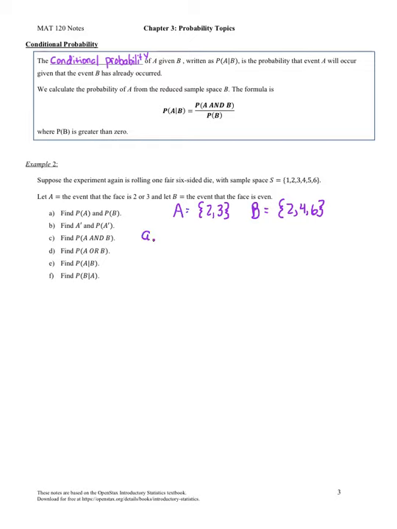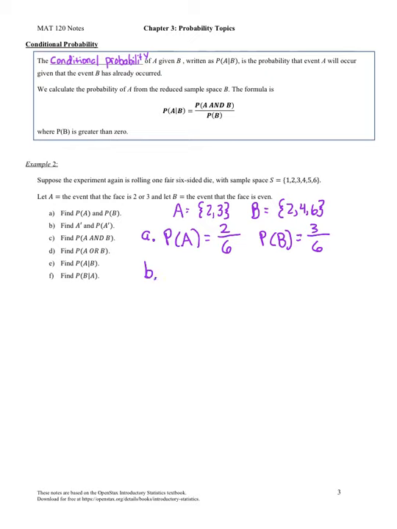Letter A asks us to find the probability of A, and we have 2 outcomes in A over a total of 6 in the sample space. For the probability of B, we have 3 over a total of 6.